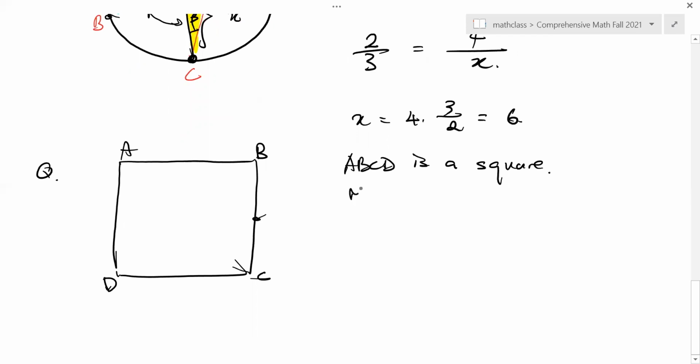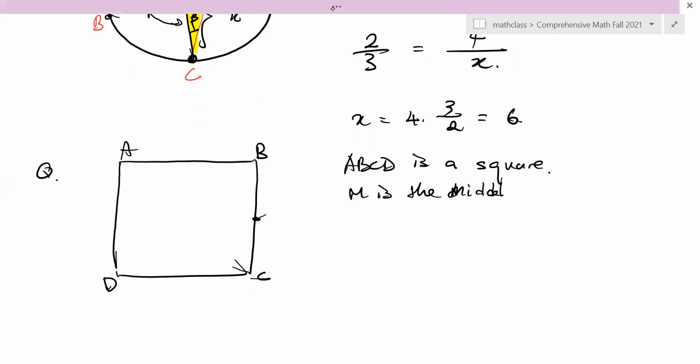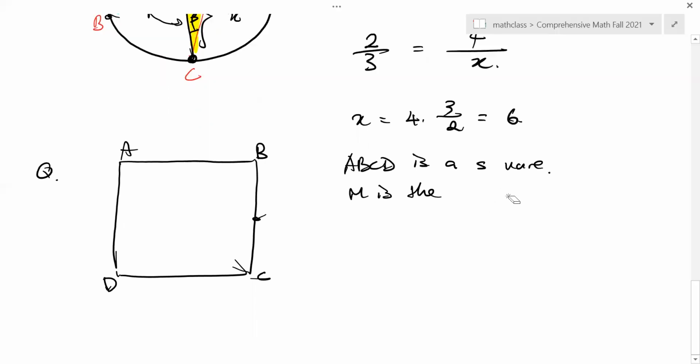And M is a middle point. Let me expand. Choose a middle point.